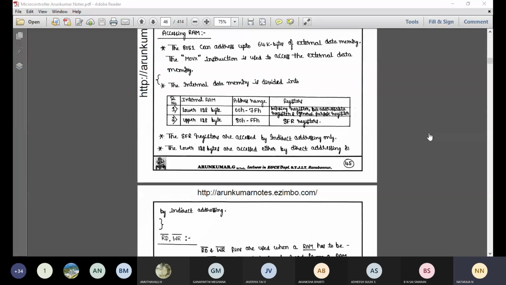Chaitanya, present, sir. Rohit, present, sir. Chetan, present, sir.